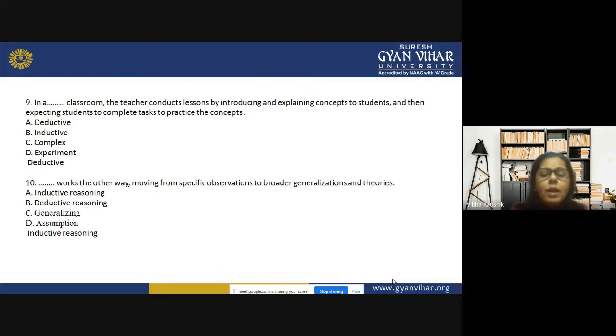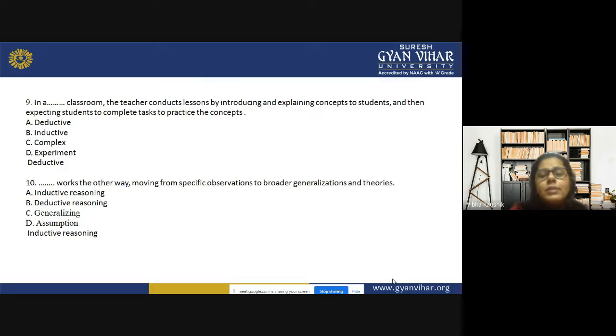Now, in a classroom, the teacher conducts a lesson by introducing the concept that the teacher is going to teach to the class.